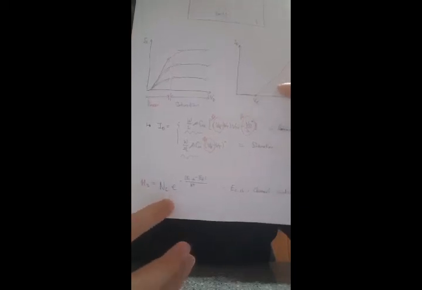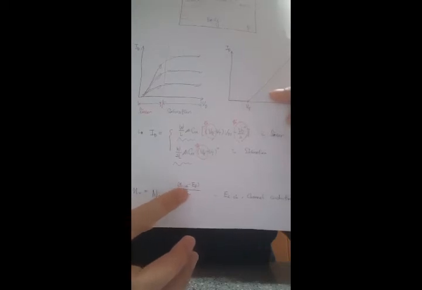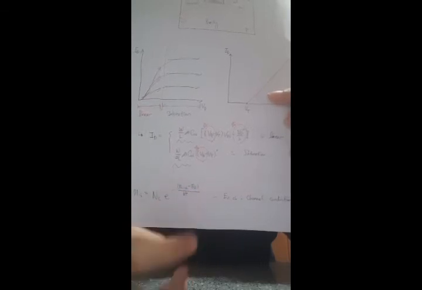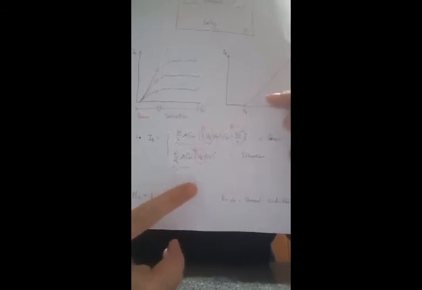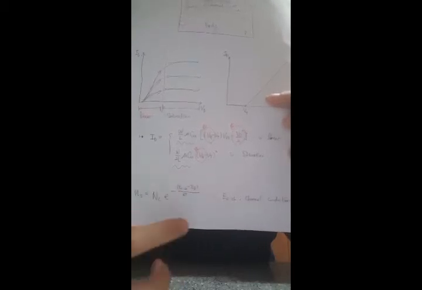This is the mobile carrier electron concentration at the surface, and in this formula there's a part with the difference between the conduction band and Fermi level, and this component will be determined by the gate bias.